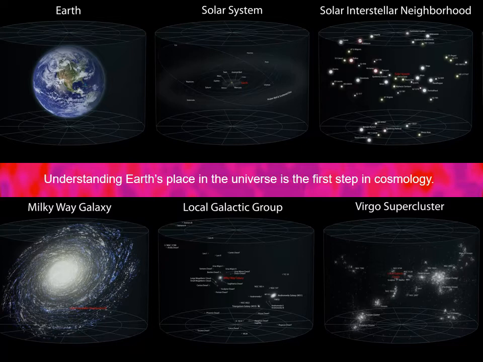Then they realized, wait, the Earth is a big sphere, and they explored the Earth, and then realized the Earth was just one of many planets in the solar system. That totally changed our understanding of the universe, realizing the Earth was not the center of everything, but rather the sun was the center, and all the planets went around the sun. At the time, they weren't sure about the stars, but they were out there somewhere.